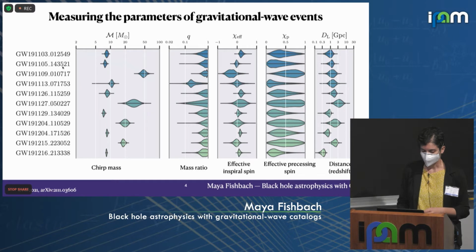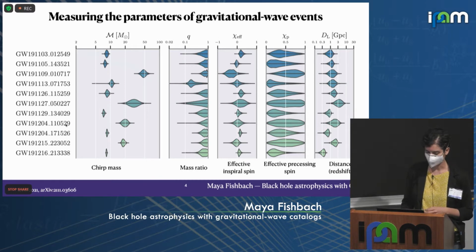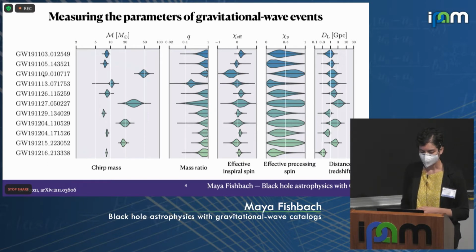This is just a very small section of a big plot from the third gravitational wave transient catalog, which appeared last week on arXiv from the LIGO-Virgo-KAGRA collaboration. And here you can see, for each one of these gravitational wave events, we analyze that data and infer a posterior distribution on the chirp mass, mass ratio, effective inspiral spin, effective precessing spin, and luminosity distance, for example.